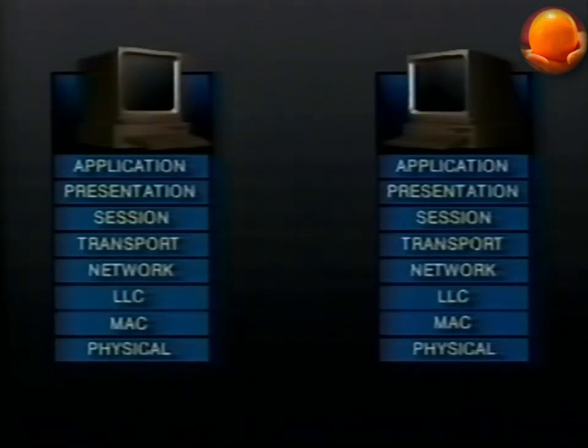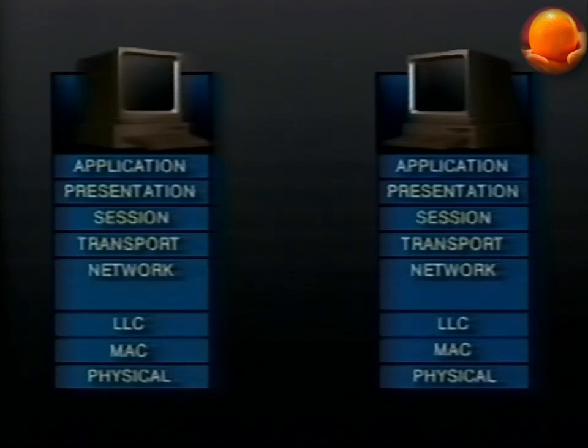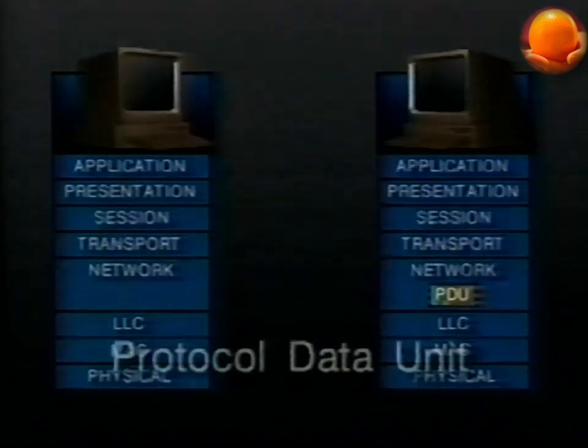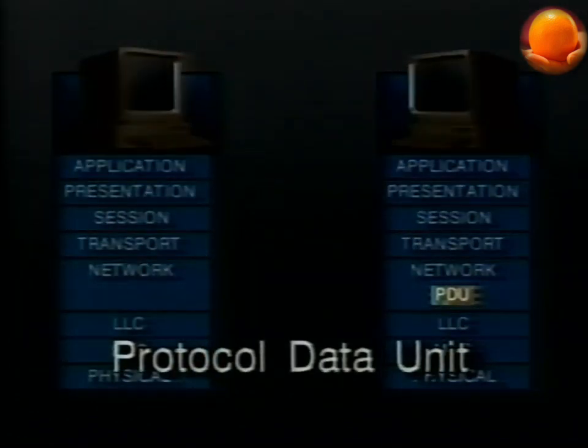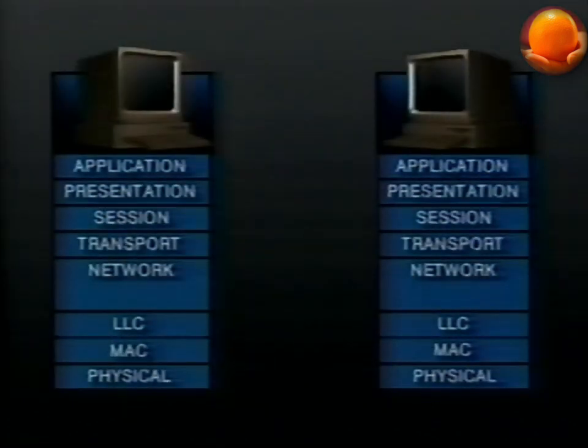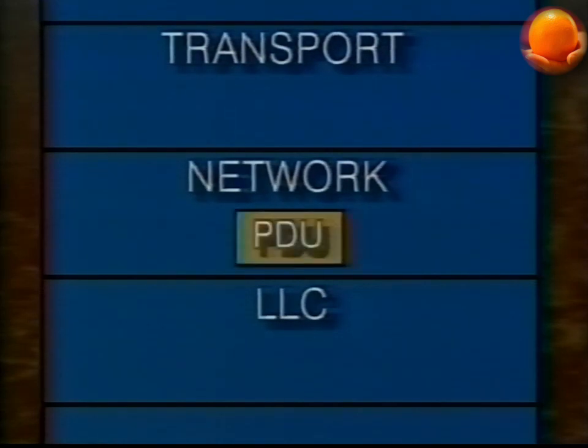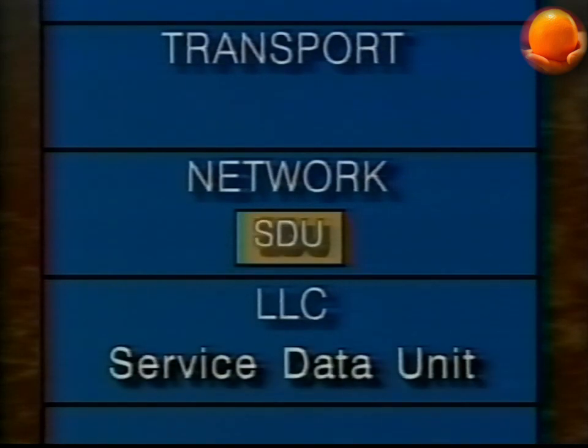At any level of the architecture, a layer or sublayer entity appears to transmit a data unit called a protocol data unit, or PDU, across a virtual connection to a complementary layer or sublayer entity in the distant station. A layer or sublayer entity actually requests a data transmission service by passing its protocol data unit down to the layer or sublayer below it in the form of a service data unit, or SDU.